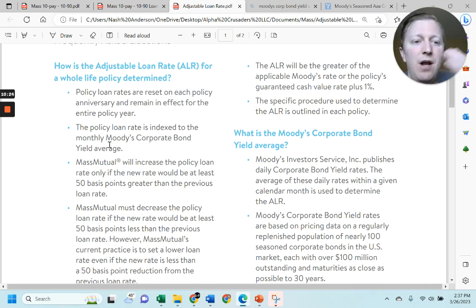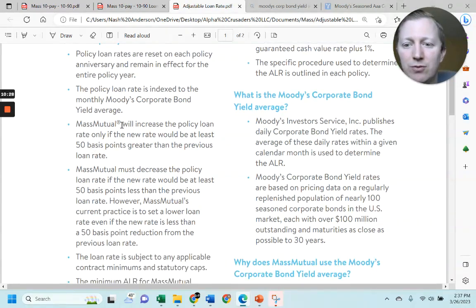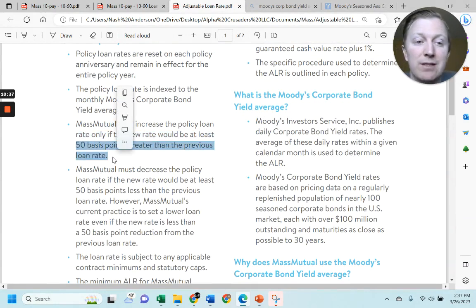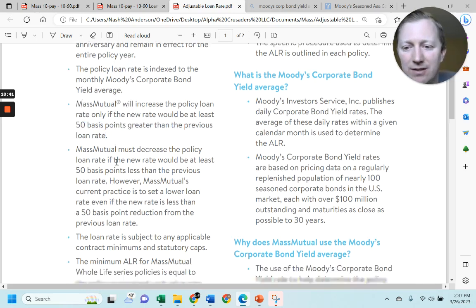Okay, so it's not like it's fluctuating all over the place all the time. Mass Mutual will increase the policy loan rates only if the new rate would be at least 50 basis points greater than the previous loan rate. So it has to be 0.5% higher for you to receive an increase.